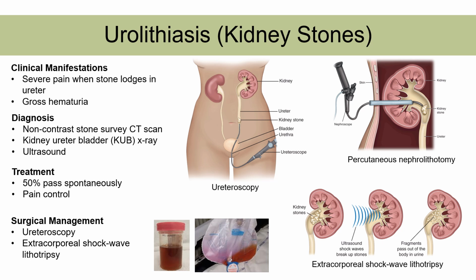This is when the kidneys have edema, and that happens when urine flow is blocked and that urine backs up and it accumulates in the kidney. They can also do a KUB x-ray, that's called a kidney ureter bladder x-ray. And this is also inexpensive and fast. It doesn't have the details as a CT scan does, but it can detect some type of stones.